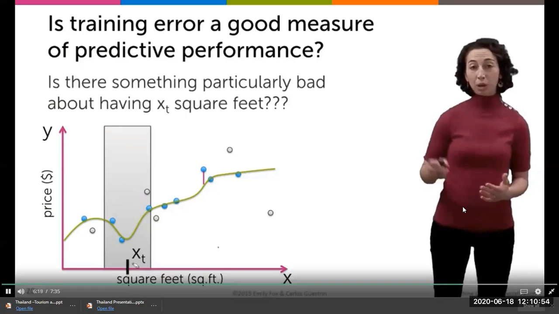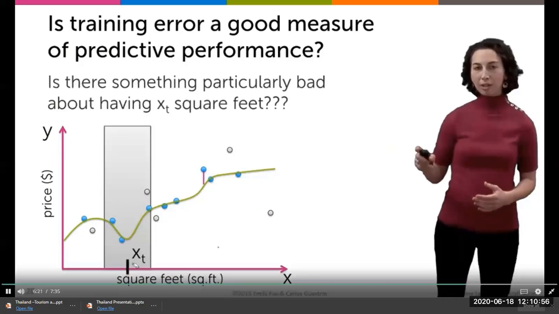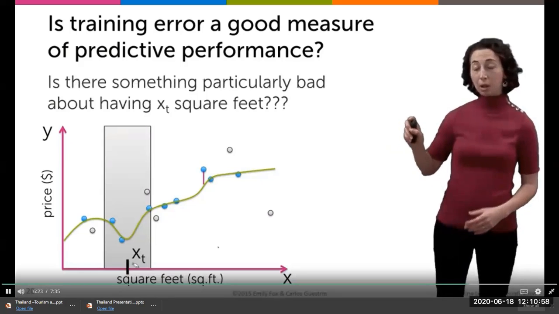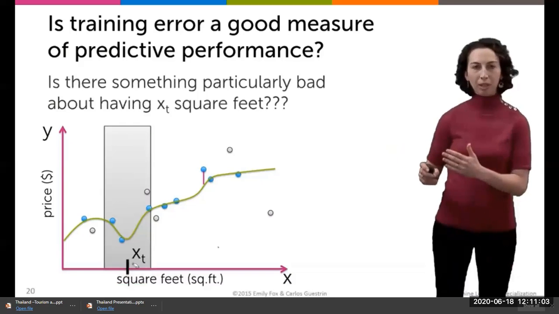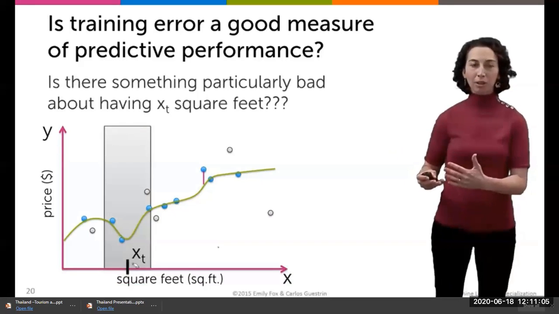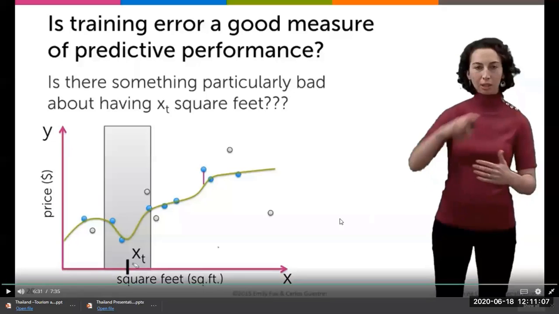What our fitted function is saying is that houses with roughly xt square feet are less valuable than houses with fewer square feet. Did everyone see that? This model says that if you have this square feet, it's going to be worth less than a house that has this square feet.